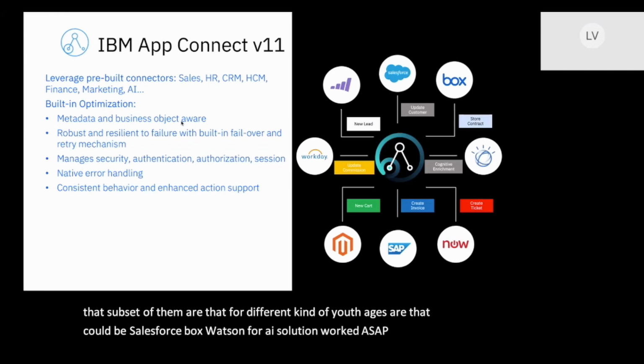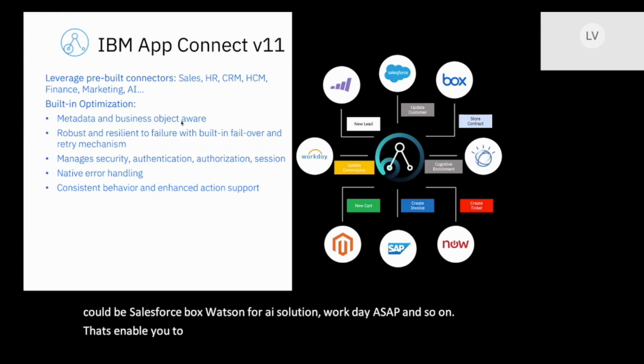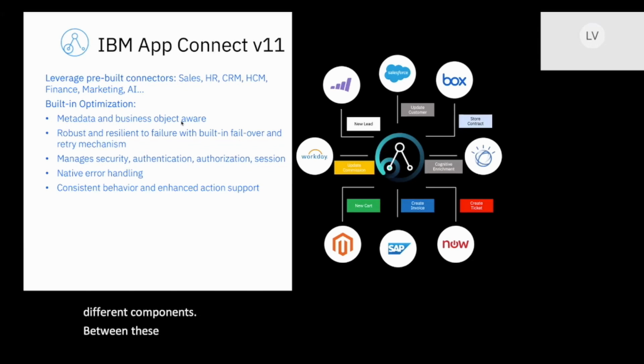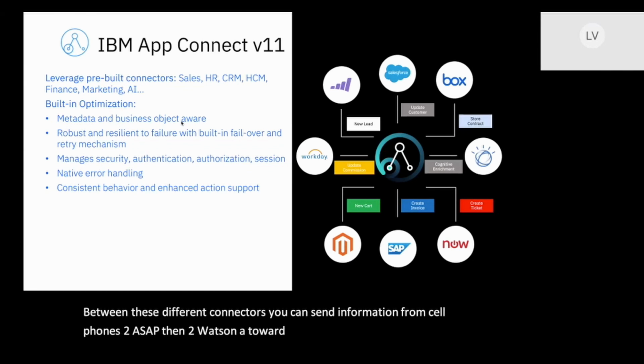That enables you to easily, without doing any development, integrate and create a data flow to exchange data between these different components, between these different connectors. You can send information from Salesforce to SAP, then to Watson solution, and so on. And with this, with a minimum of effort.